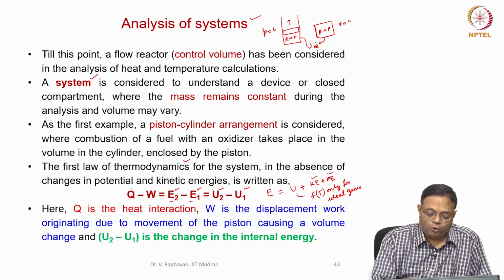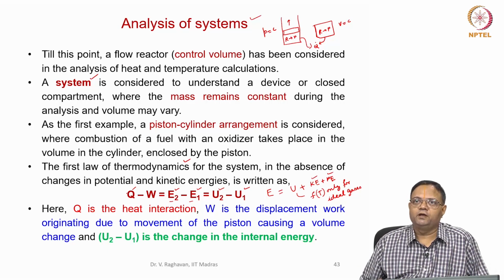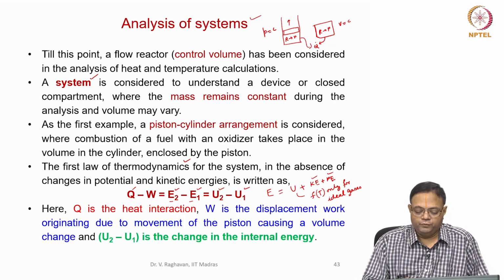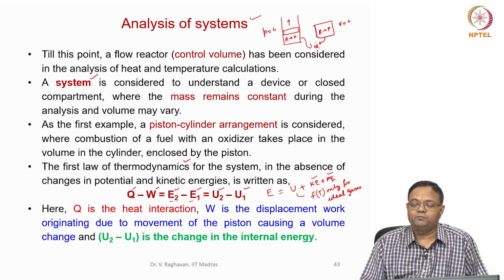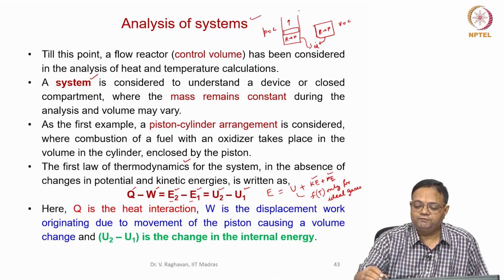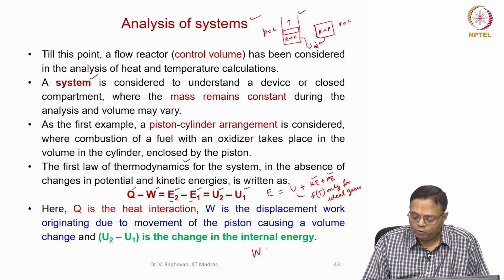So Q in the left hand side is the heat interaction. In the case of combustion, the heat is rejected from the system to the surroundings, so it is negative. W basically is there due to the displacement of the volume of the system, which occurs in the first case in the piston cylinder arrangement. So W can be written as integral P dV.